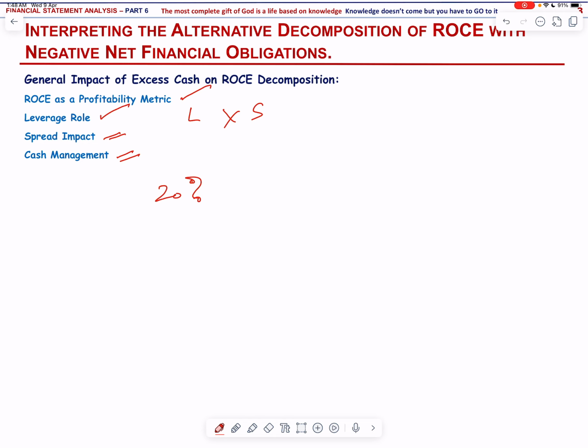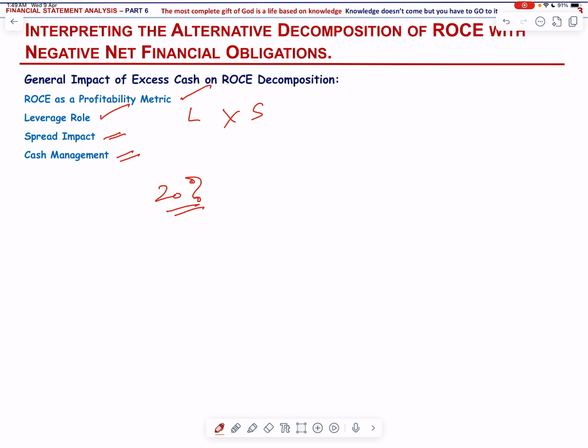The 5% return on cash is lower than the company's 8% cost of capital, which means that its excess cash is dragging down its overall profitability. So even though ROCE remains solid, that is 20%, the company may need to rethink how it is managing its excess cash, as its current strategy of holding cash in marketable securities is not contributing positively to the overall return.